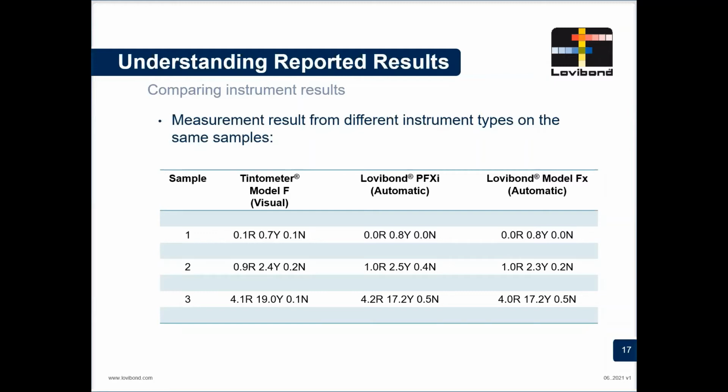So if we think back to the previous slide and our reproducibility values, I'm expecting some sort of difference on our red at the 0.1 level to be maybe 0.1, 0.2. At the 1 level, again somewhere around 0.2, and then when I get up to the 4 level, I'm probably expecting my repeatability to contribute maybe 0.2.